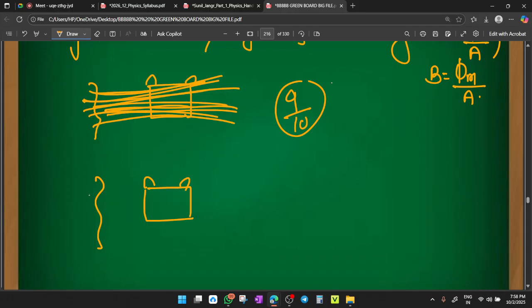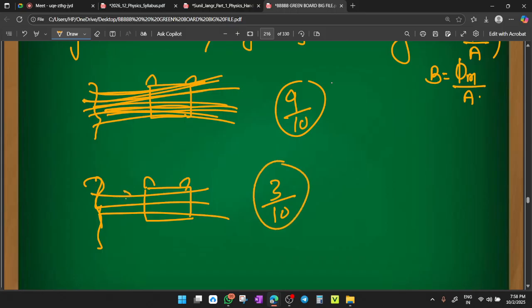In another, out of 10, only 3 magnetic lines penetrate this material. So on one side 9 lines are penetrating perpendicular to this surface, and here 3 lines of force are passing through the surface normally.